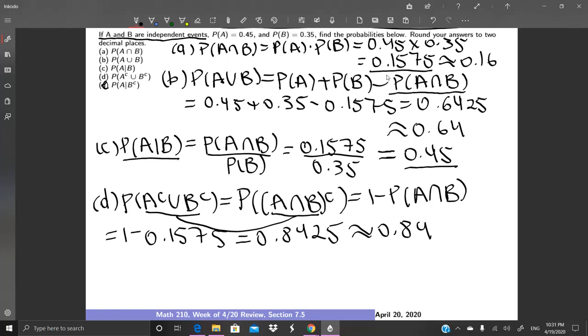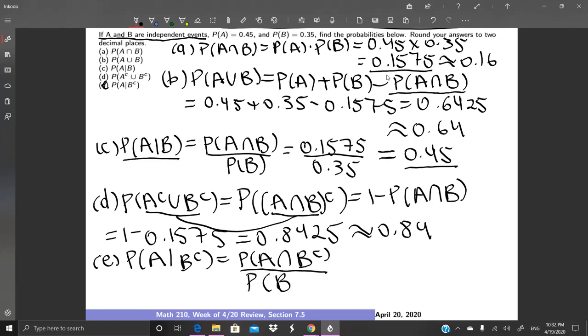All right, so the last one, I want to find the probability of A given B complement. So if we use the formula that we know, this is gonna be equal to the probability of A intersect B complement, and then I want to divide by the one on the right, so the probability of B complement.